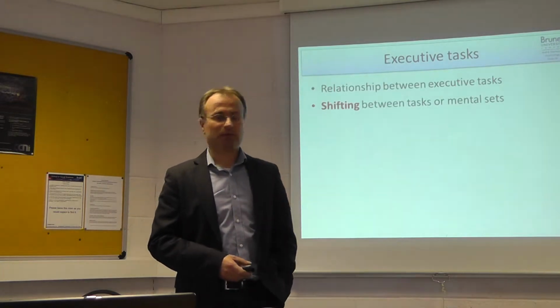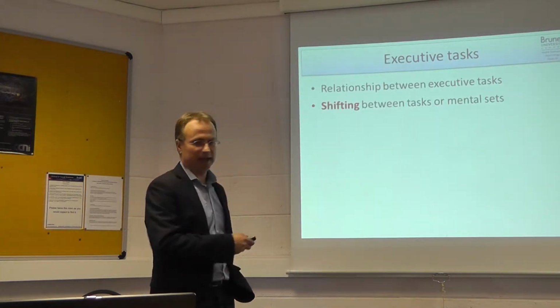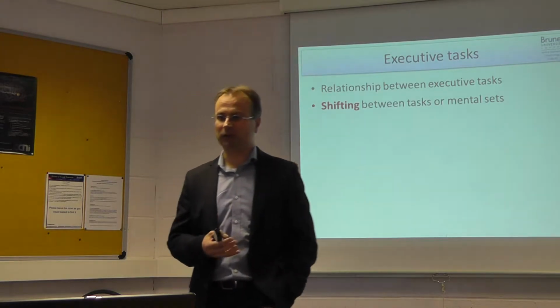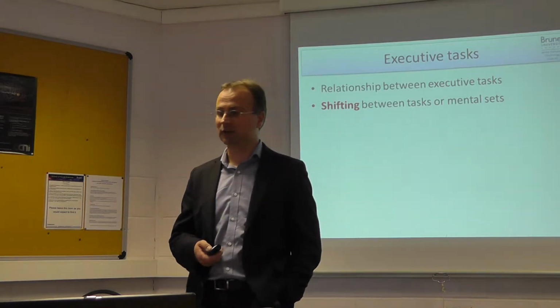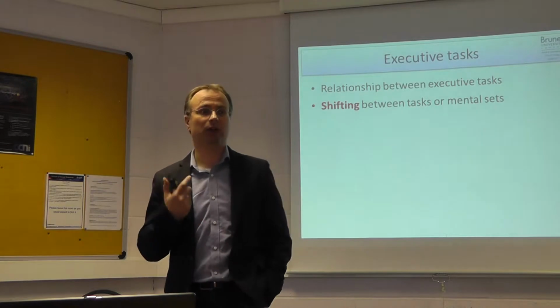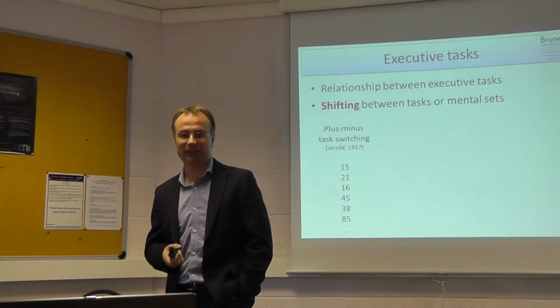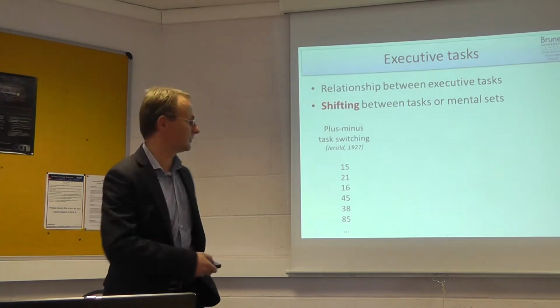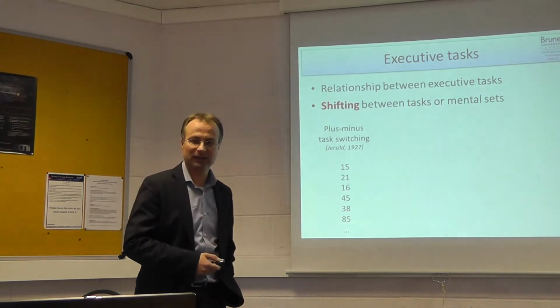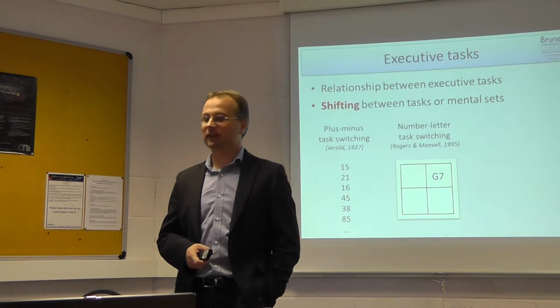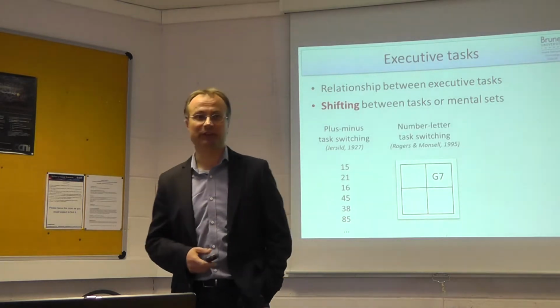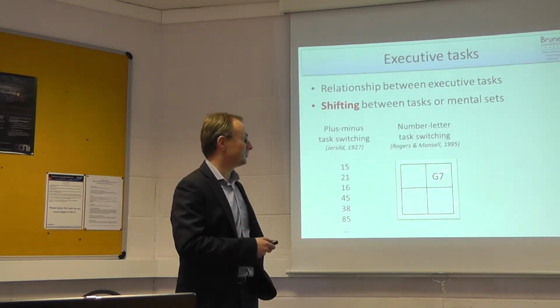Okay, so how did they go ahead with measuring shifting or switching between tasks or mental sets? They chose 3 tasks for that. One is the plus-minus task switch by Jersild, which we talked about before. The second is the number-letter task switching by Rogers and Monsell.